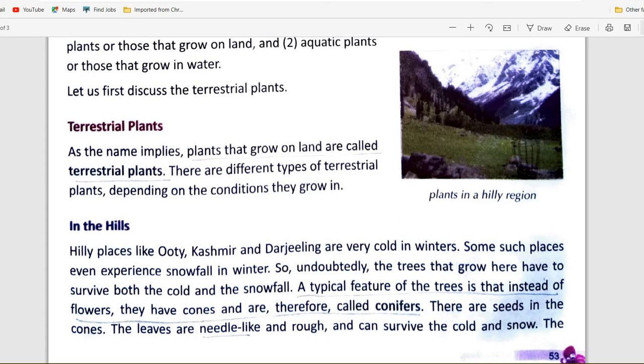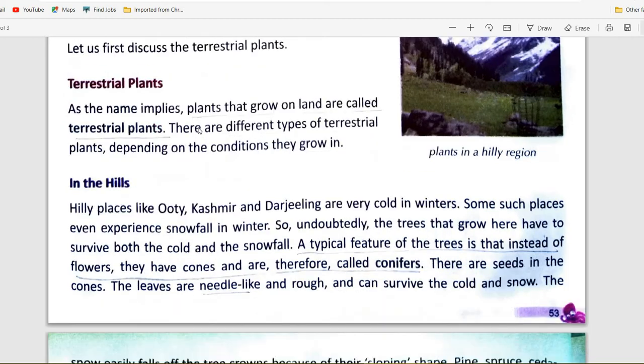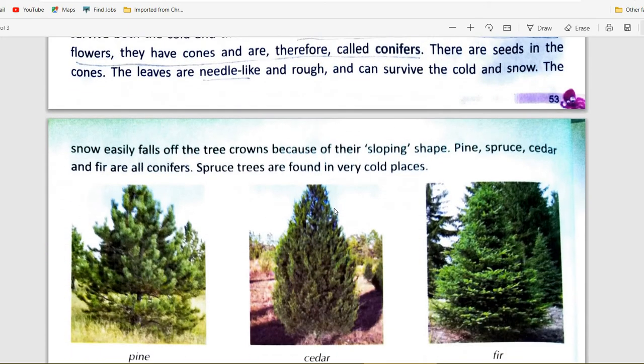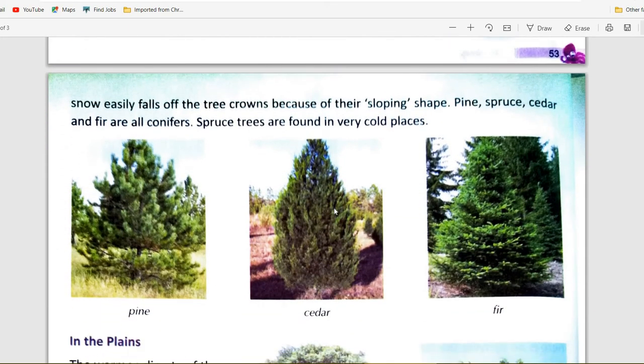So trees which are found in hilly regions also have cones and a crown like structure on them. Examples are pine and fir, these types of trees are found in hilly areas. See the example.